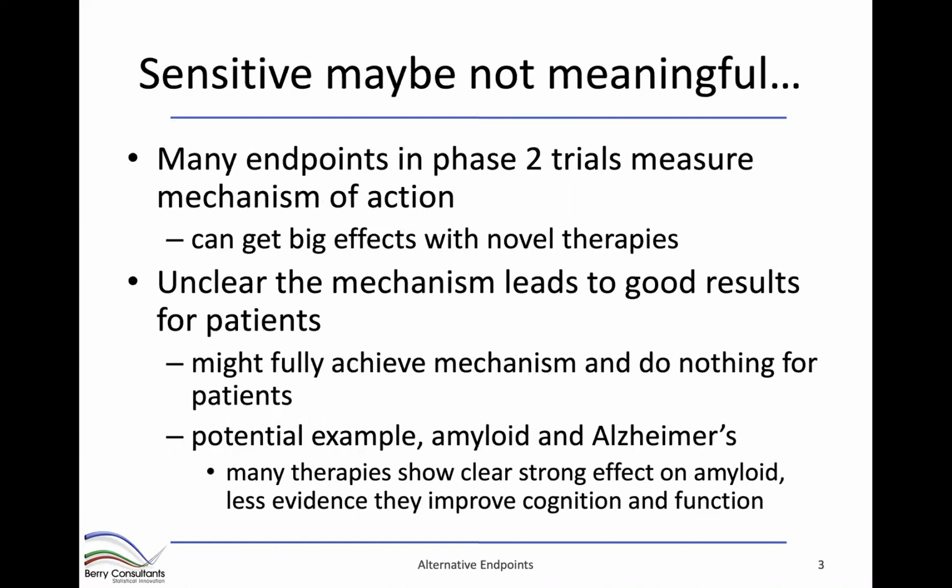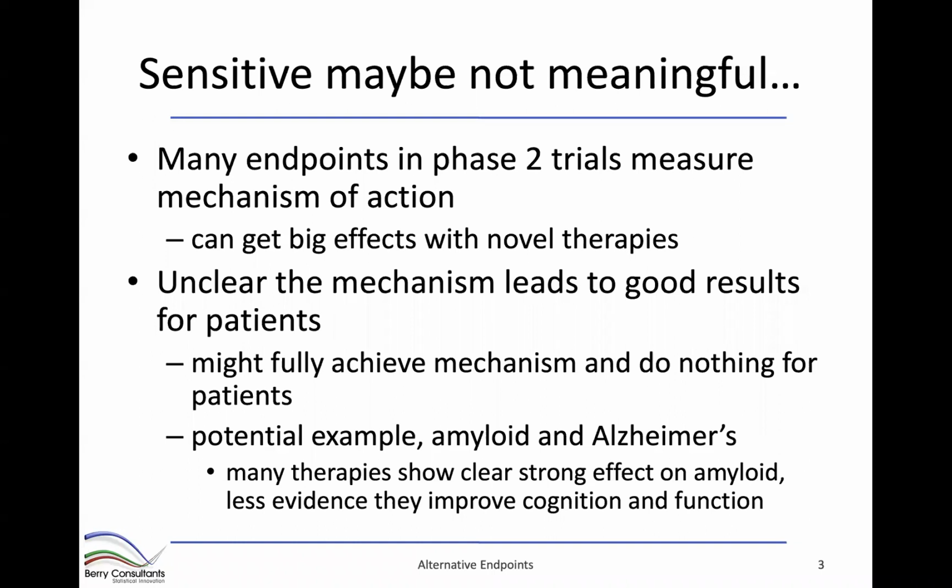So for example, here are sensitive endpoints that are not necessarily meaningful. Many endpoints in early phase 2 trials measure the mechanism of action. If a new drug is meant to change a particular protein level or a marker level of any kind, we would measure that marker level in the phase 2 trial.